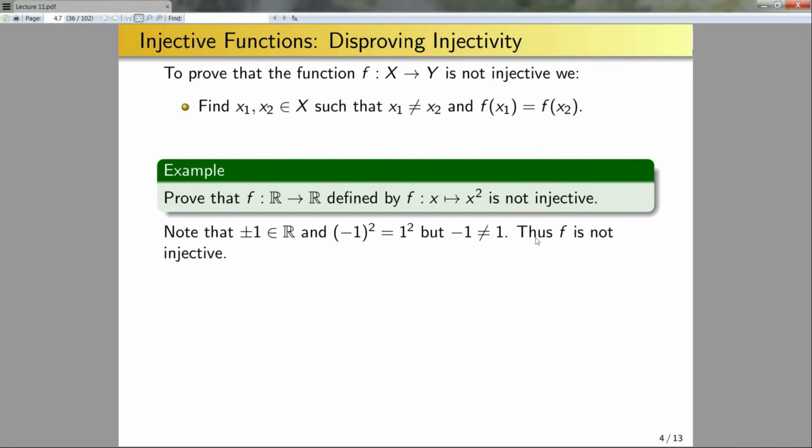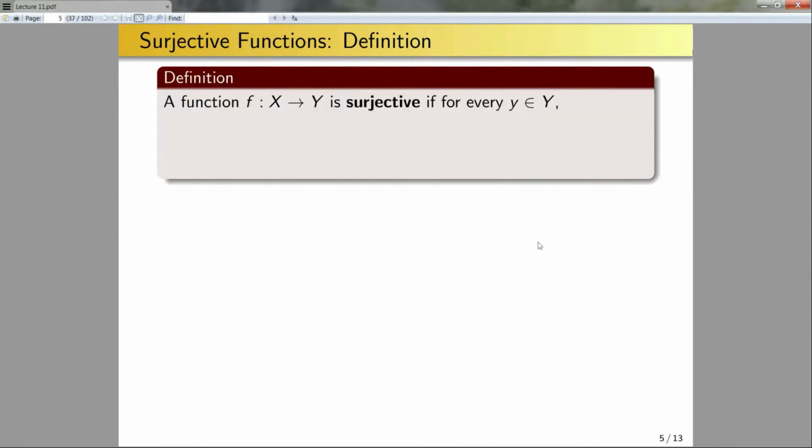So now let's look at one more type of function, a surjective function. A function f mapping from X to Y is surjective if for every y in Y, so instead of talking about the domain, I'm now talking about the codomain, there exists an x in X such that f of x is equal to y.